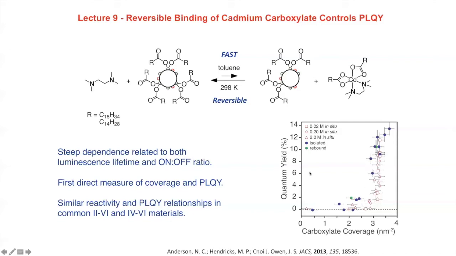And also another thing to bear in mind here is that this binding is rapid and desorption is rapid and reversible. And so the equilibrium that you obtain is very sensitive to the solvent conditions and whether there are any other ligands present in the solution, total concentration. And so the photoluminescence quantum yield of these types of materials is not very stable. It's very sensitive to the environment in which you're handling the material.